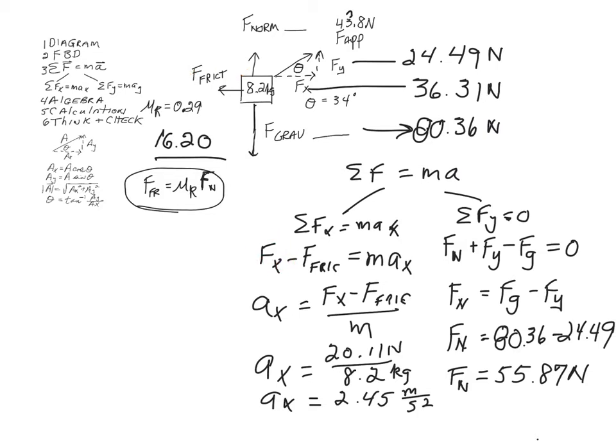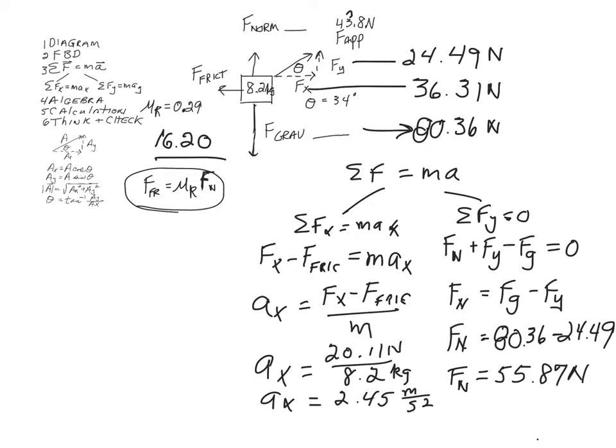And in the negative direction, we have the friction force. So we subtract that. And that will be equal to the mass times the acceleration. So I do the algebra, step 4, and I get that Ax equals Fx minus Ffric over m. This is the net force divided by the mass.